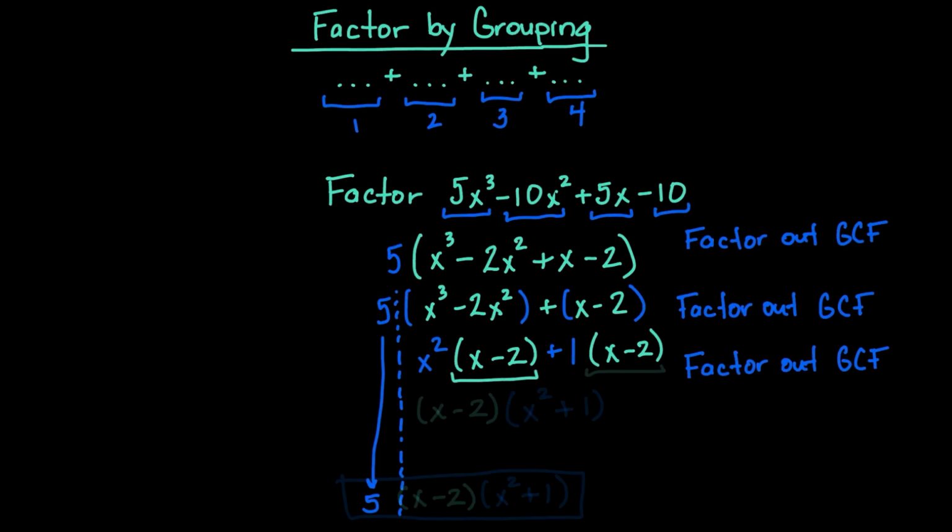Each term has x minus 2, so I'm going to factor out x minus 2. In my first term, I'm going to be left with x squared, and in my second term, I'm going to be left with plus 1. And so now I know my final answer is 5 times x minus 2 times x squared plus 1.